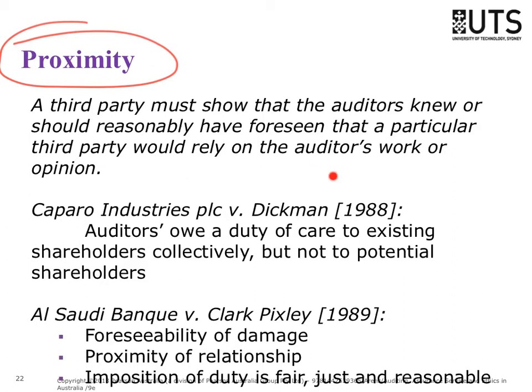It is less clear that we might be in a relationship with parties like lenders. Right? And proximity is the key here. It's the hinge pin that makes or breaks cases. You need to be able to prove, or the third party that's suing needs to be able to prove that they were in a real relationship with the auditor.